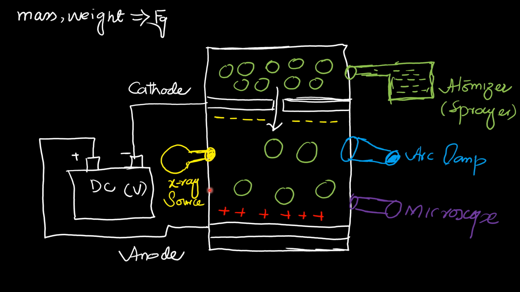When the X-ray source produces highly energetic X-rays, these X-rays will interact with the molecules of oil, and the oil will get ionized into a positive charge ion as well as negatively charged electrons.